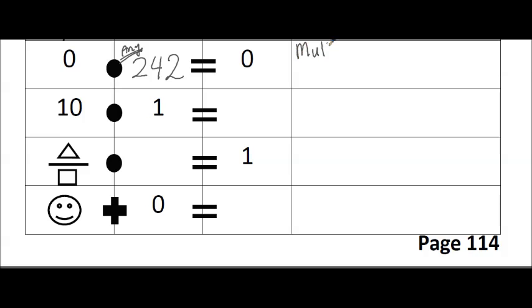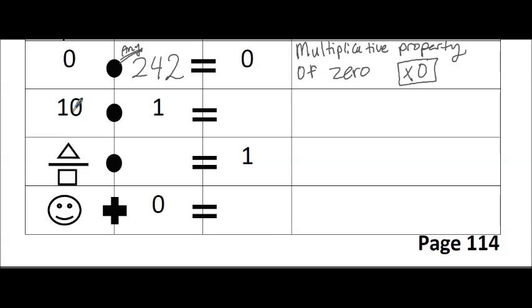So whenever I am multiplying by 0, we're going to have the multiplicative property of 0. So if I multiply by 0, then you know that this is the property that we're using.